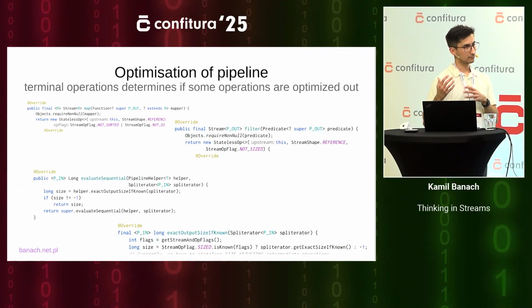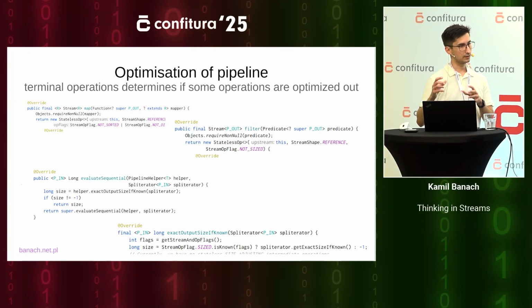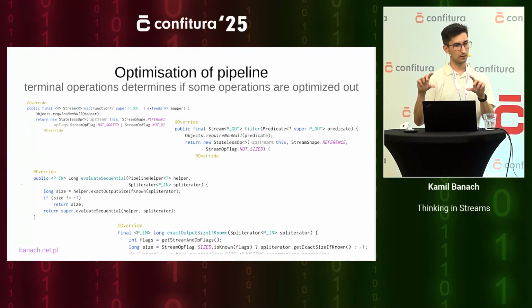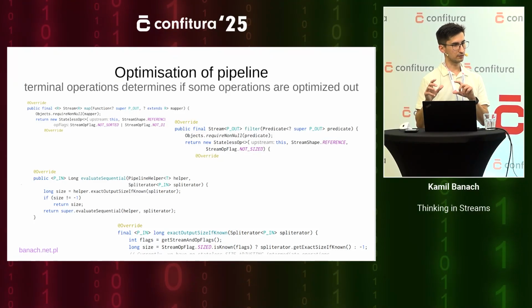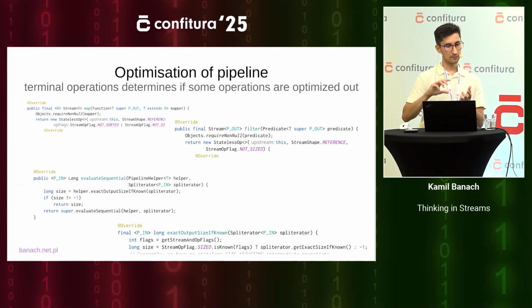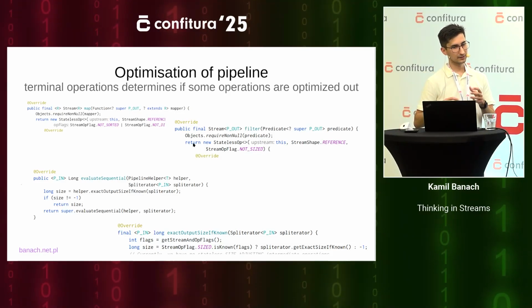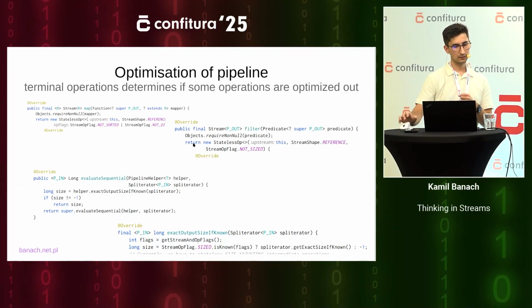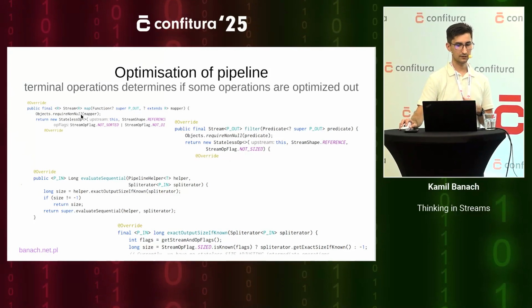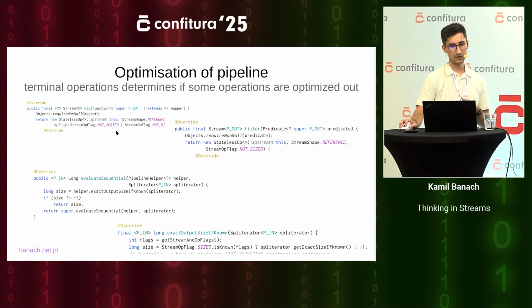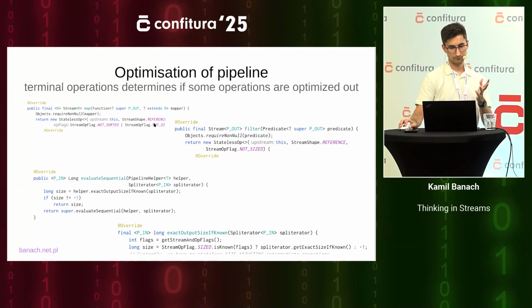And what will happen if we have, for example, map or filter instead of this peek operator? In regards to map, we can see that we are setting some additional flags in the stream. So map is setting the not sorted flag, and so on.